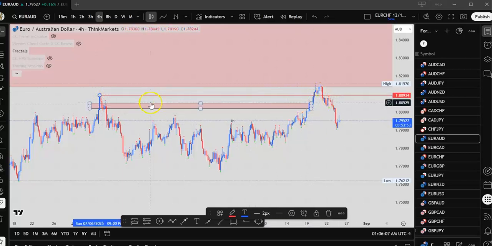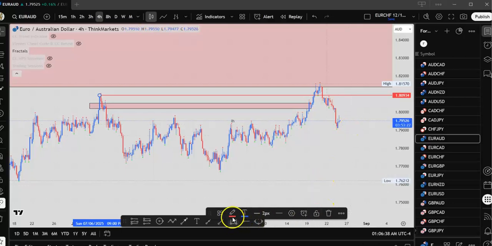So now, because this goes higher than this higher high, this here is a higher high now. So what does this make it? A higher low, right? So this is still bullish. Okay, you guys see that?